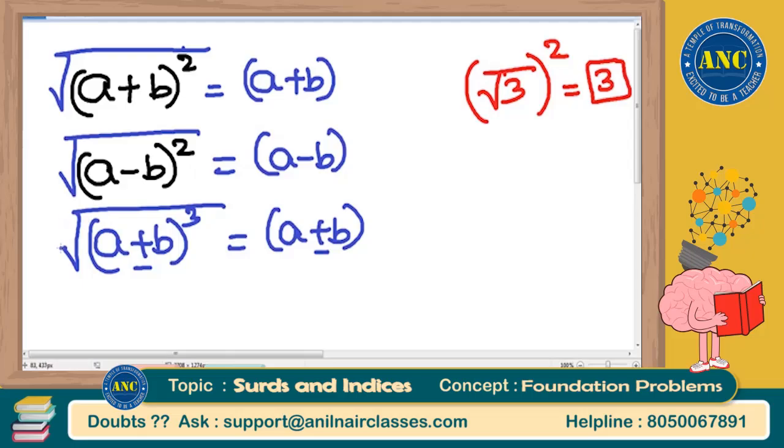That means we will try to eliminate all these square roots or cube roots whenever there is a chance. So definitely we need to know all these notations: (a plus b) whole square is a square plus 2ab plus b square, (a minus b) whole square is a square minus 2ab plus b square, and similarly (a plus b) whole cube and (a minus b) whole cube.